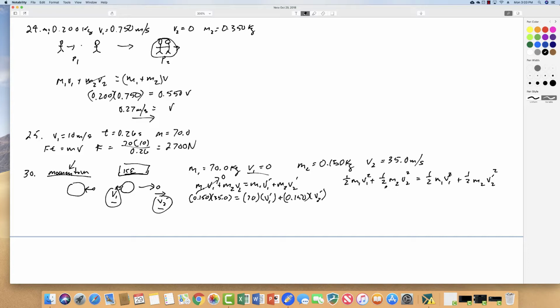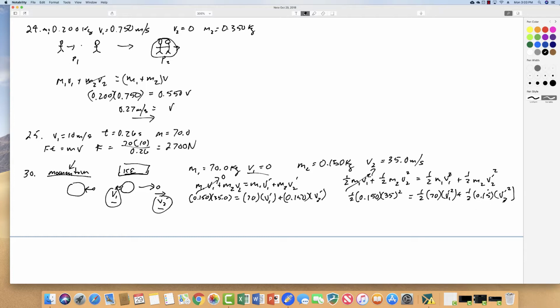And so you have, again, this is 0, so you have 1/2 times 0.150 times 35 squared equals 1/2 times 70 times V1 prime squared, plus 1/2 M2, which is 0.15, times V2 prime squared.